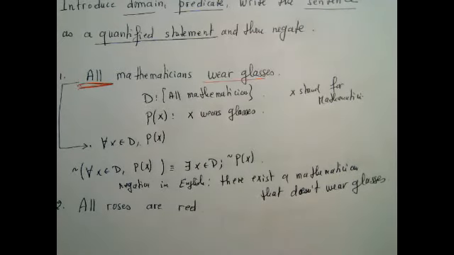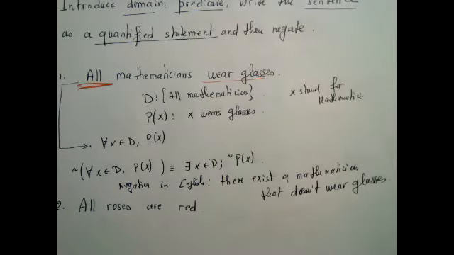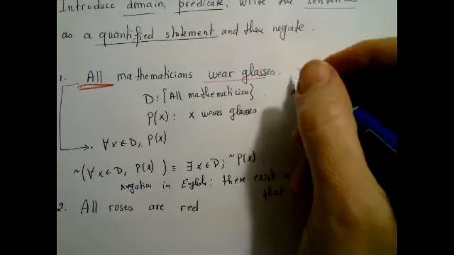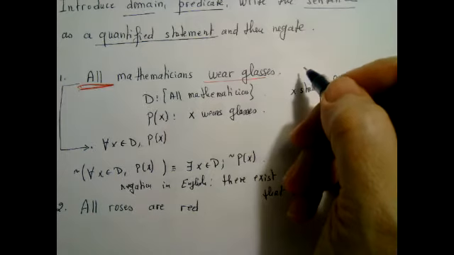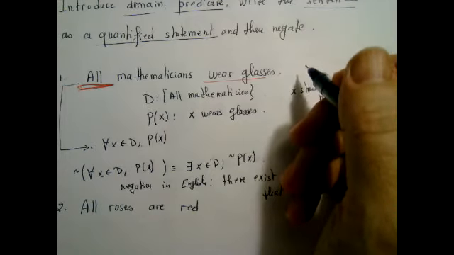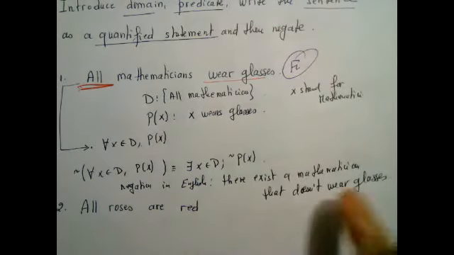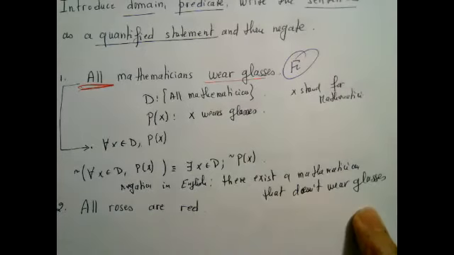Okay, so let us go through true or false, in this one it's easy. Is my initial statement true or false? All mathematicians wear glasses. True or false? What do you think? You know a bunch of them in the math department. False. There exists a mathematician that does not wear glasses.